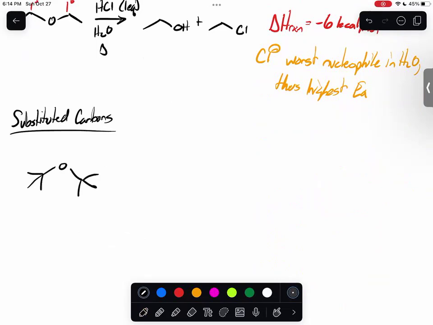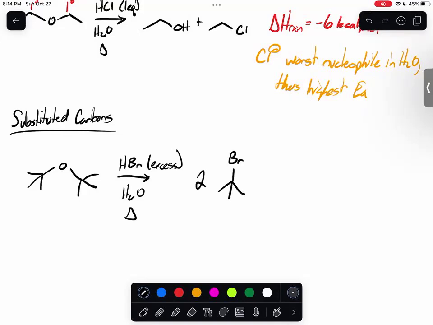Well, in this case, if we were to toss in HBr, let's say in excess, water and some heat, you would expect that if this were operant by an SN2 mechanism, no reaction would occur. But surprisingly, what we see is that this once again generates two alkyl bromides.